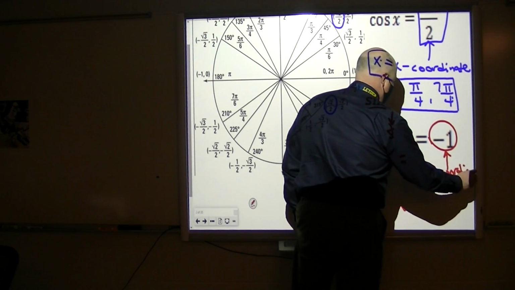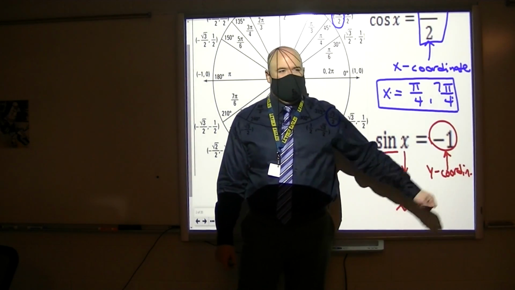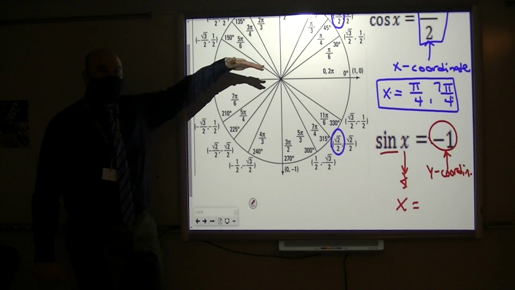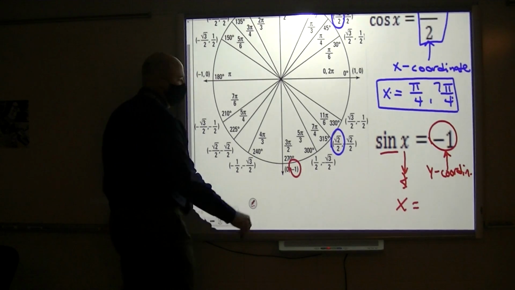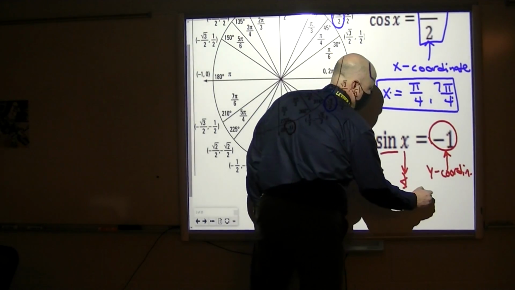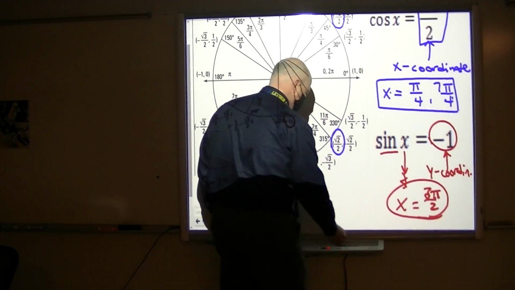So we're saying that if I take the sine of some angle, I get a y coordinate of -1. Where are the y coordinates negative? Down here. We're looking at y coordinates now, not x coordinates. So we would say the answer to this question is 3 pi over 2.